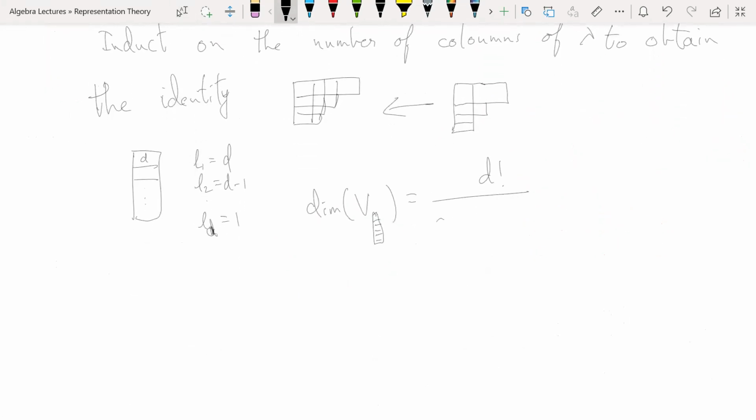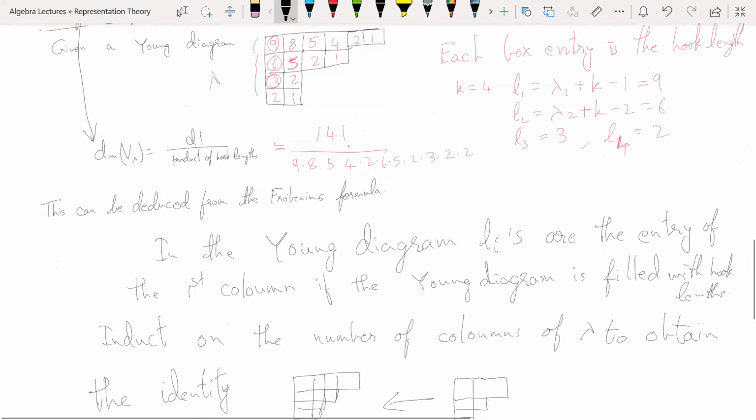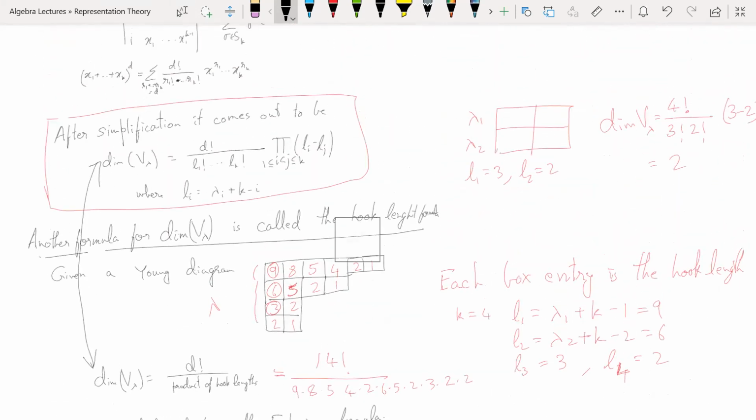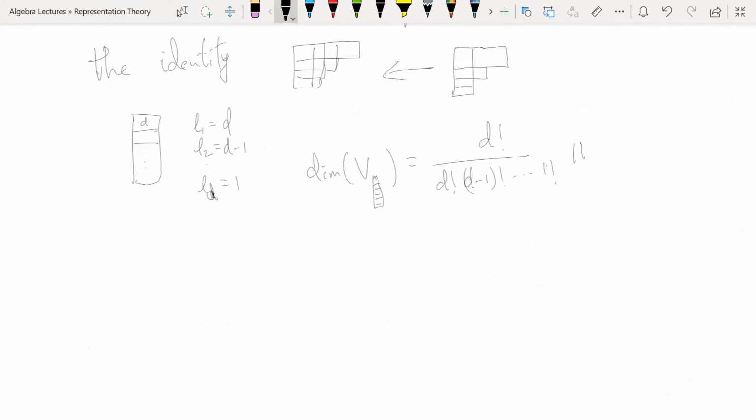But it's d factorial, d minus 1 factorial, up to 1 factorial, times the product of these numbers: L1 minus L2, L1 minus L3, and so on.